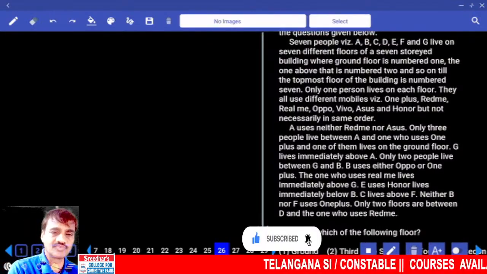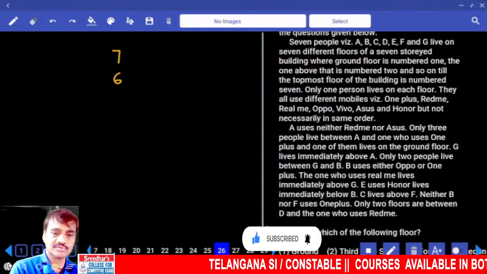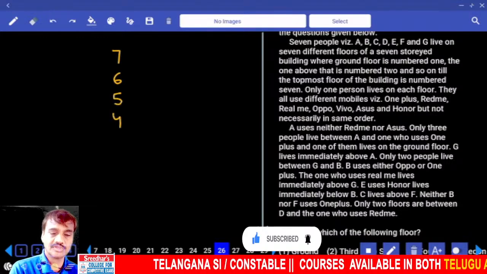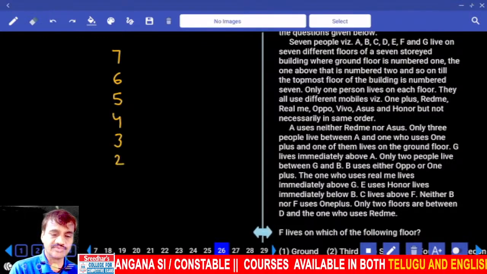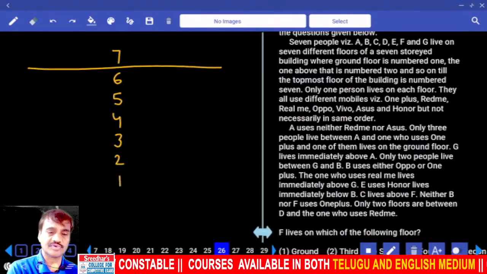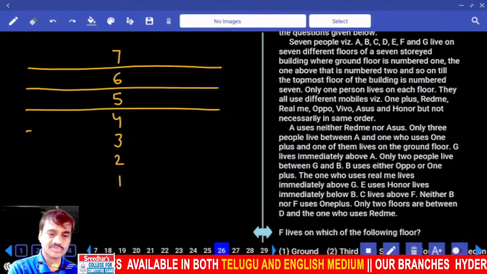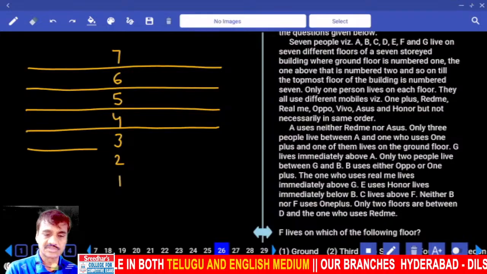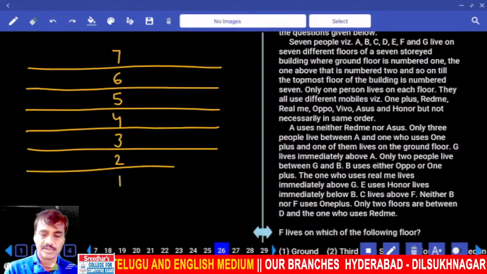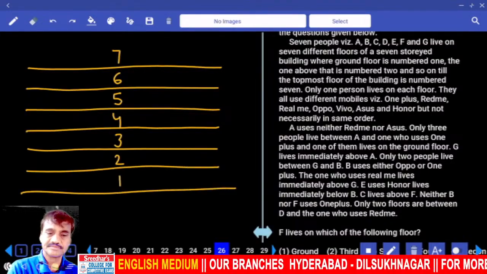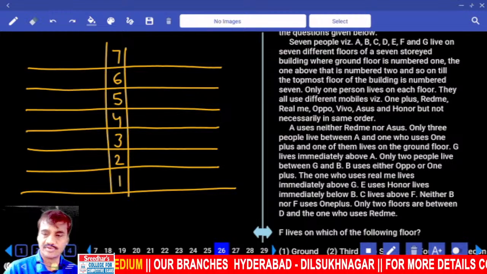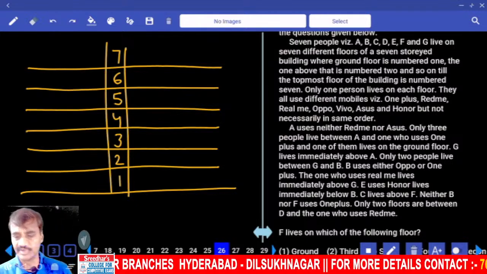Okay? Now floors were given. What are the floors we have? 7, 6, 5, 4, 3, 2 and 1. Now 7 persons are living on these 7 different floors of a building, and they use different mobiles.